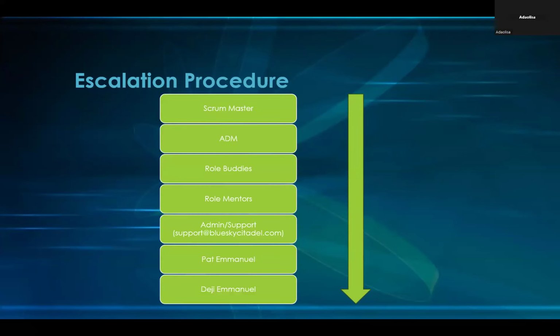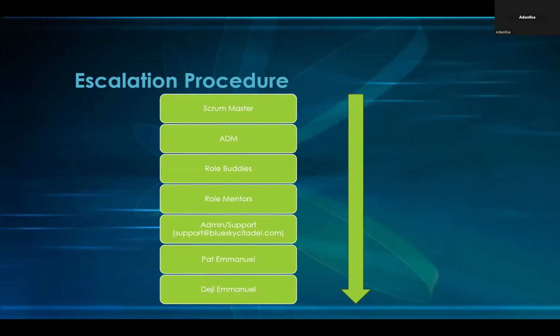Sometimes if it looks like it's taking longer and they are stuck as well, the ADM will take this if they are unable to resolve it. The ADMs have mentors, the Scrum Masters have mentors, all the roles have mentors. But after the ADM, it goes straight to their role buddies.